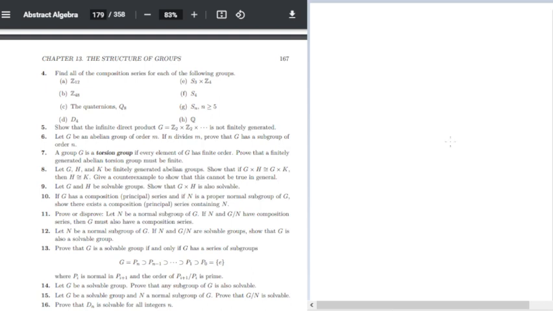If it was finitely generated, we just take that sum. So there'll be some, basically, how do I best describe this?